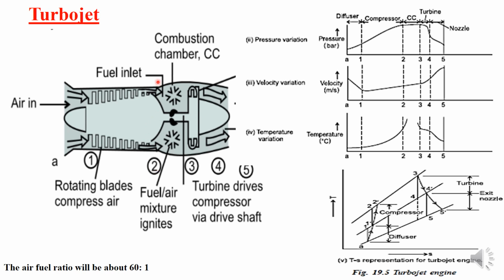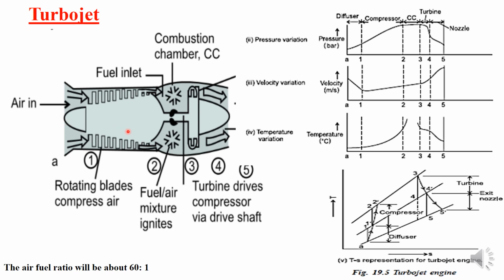Next, it is going to the combustion chamber, fuel will be injected and combustion will take place, and the combustion product goes inside the turbine for expansion, so that the turbine will drive your compressor. Turbine is the positive work, compressor is the negative work, so the turbine should drive the compressor.